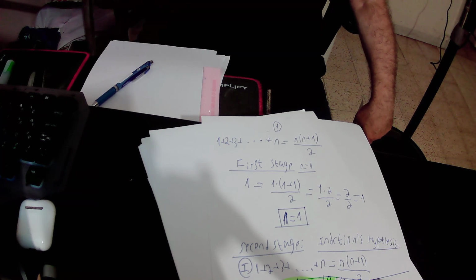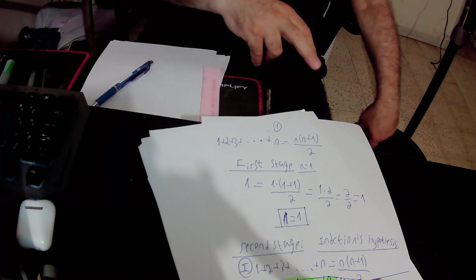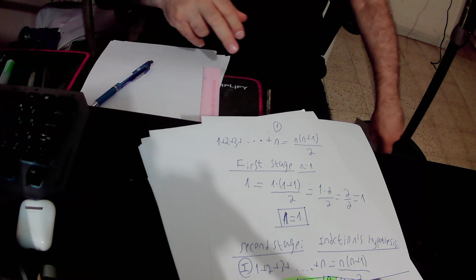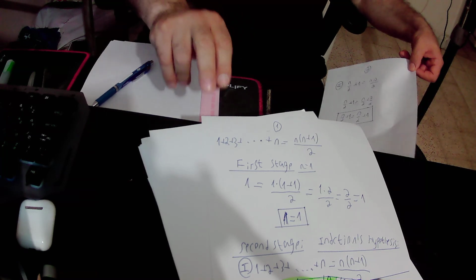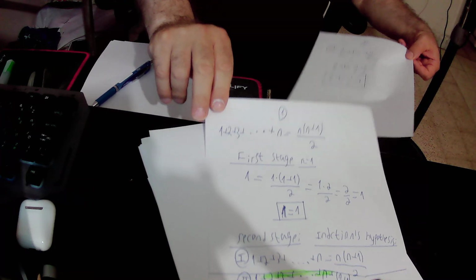So we will repeat this process again and again, and in this way we actually proved that this statement is true for all the natural numbers. Okay, so now we'll give you another example.